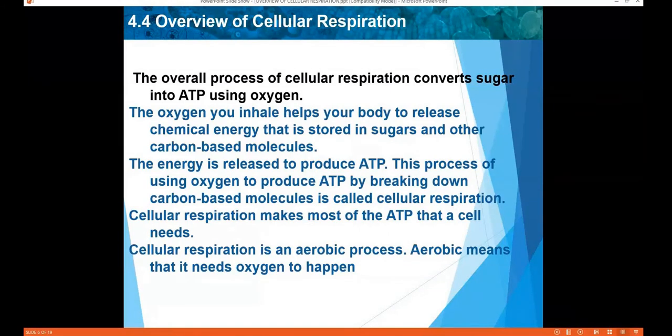In the second stage, the preparatory reaction, the pyruvates from glycolysis move into the mitochondria where they convert into acetyl-CoA, more NADH is produced and carbon dioxide is released.